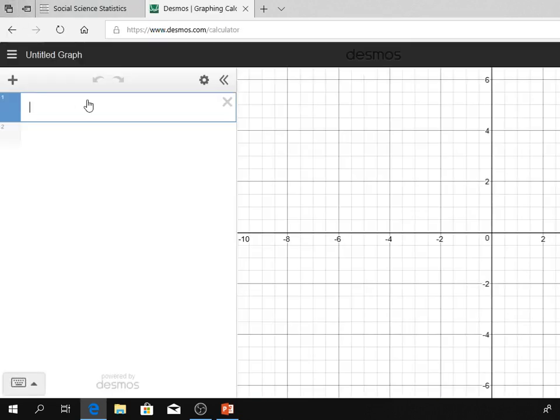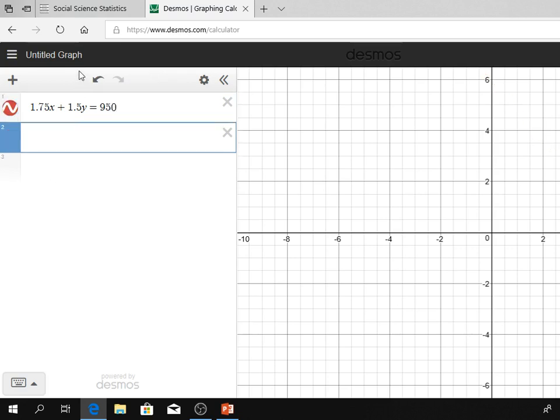So if you graph this, I graph 1.75x plus 1.5y equals, is that 950? And then the other equation was x plus y equals 600.